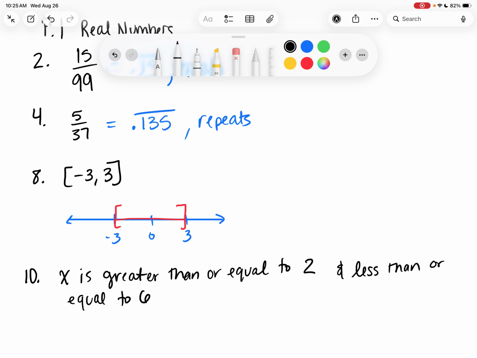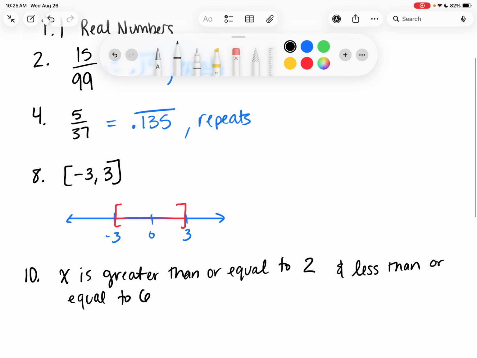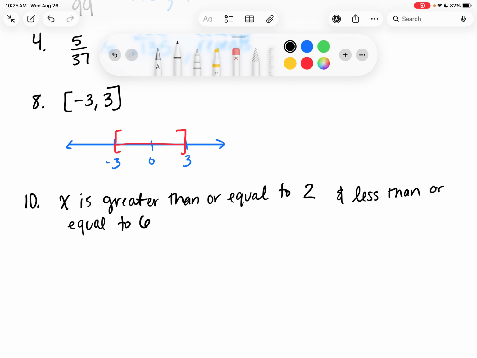I want to write out in symbols what this is just because I think words can be confusing, and then we'll graph it after that. So I'm going to write this one out as an inequality.